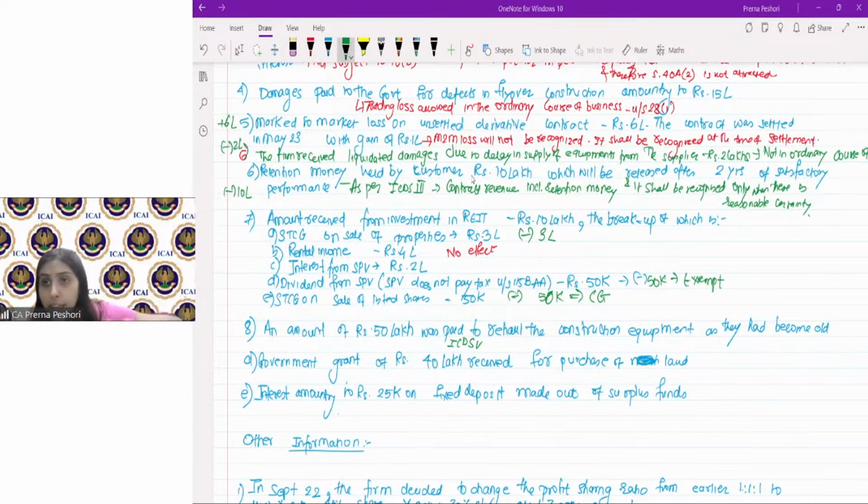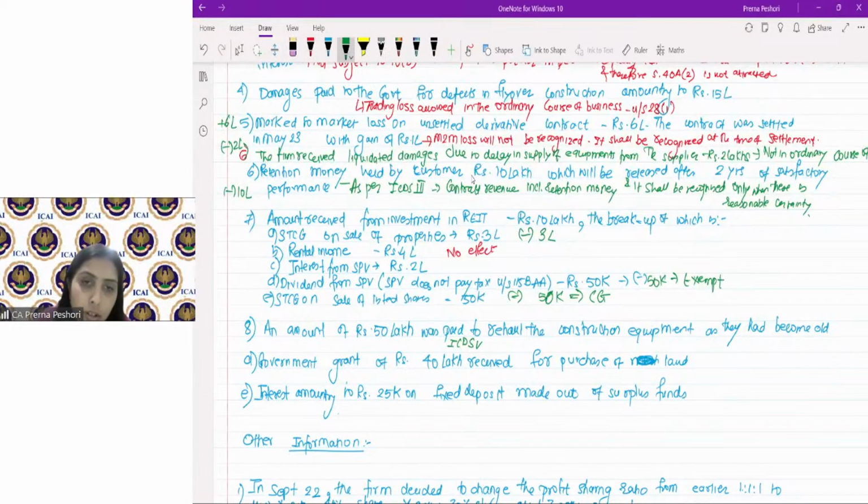So if the expenditure enables you to increase the future performance of the asset and the future benefits from the existing asset, then you need to add it to the actual cost.